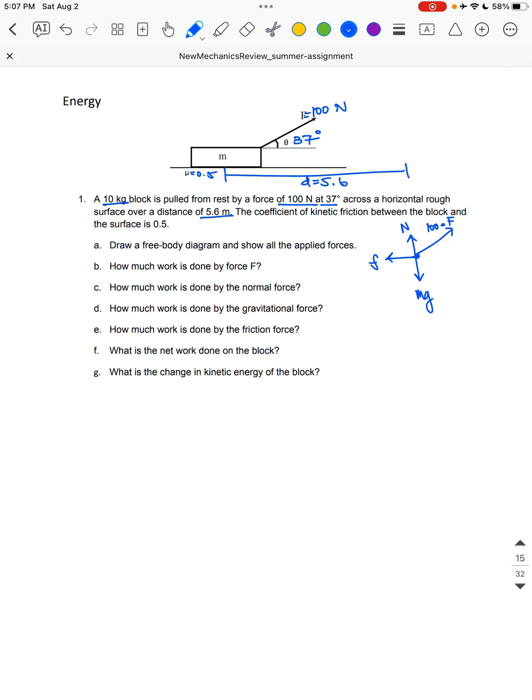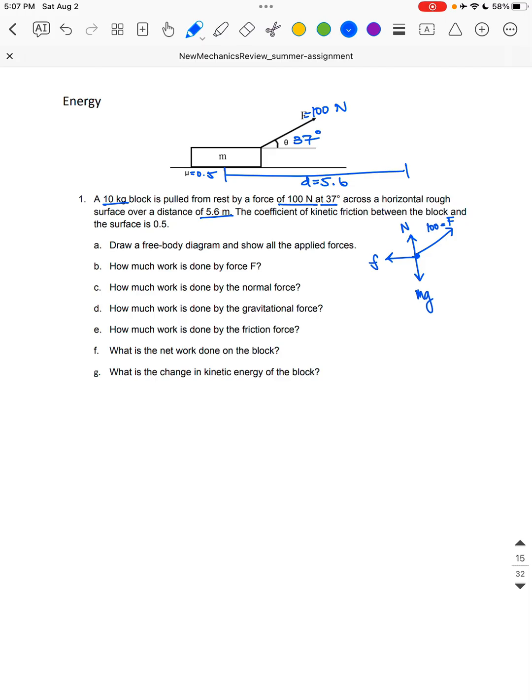I'm going to add components to this as I solve the following parts, but when you are asked to draw a force body diagram as part of your answer, you never want to include components. So this is all they want to see for a force body diagram.